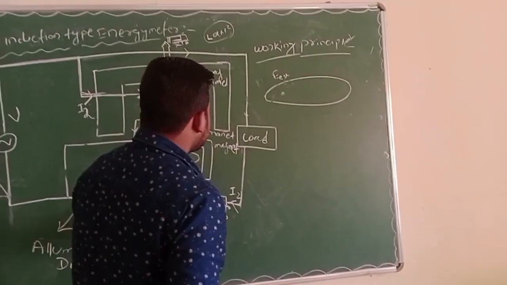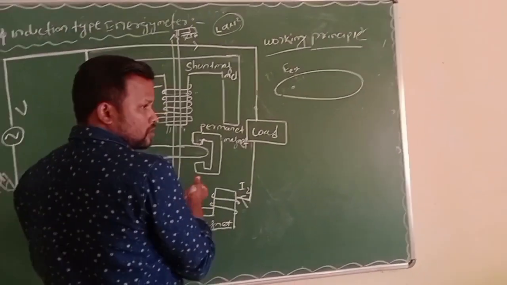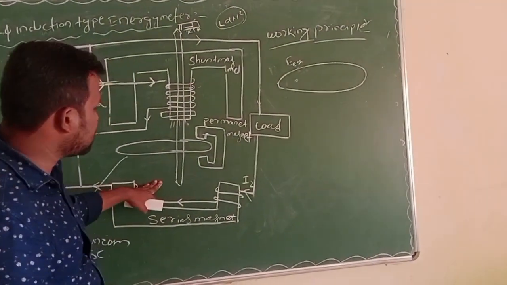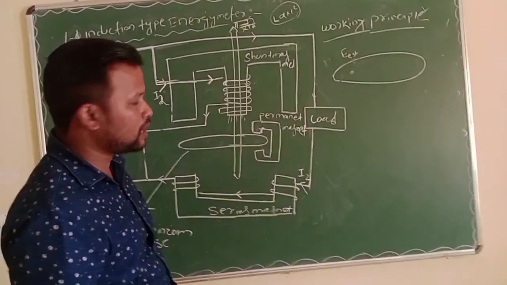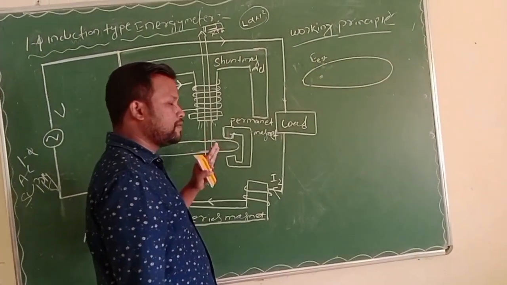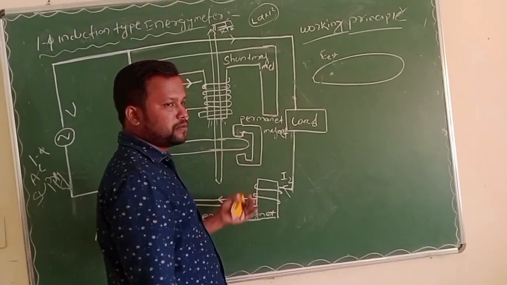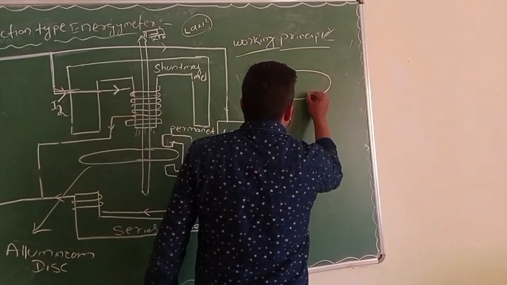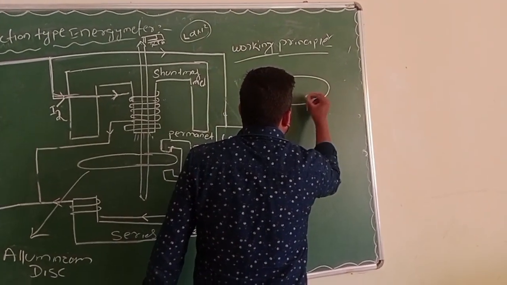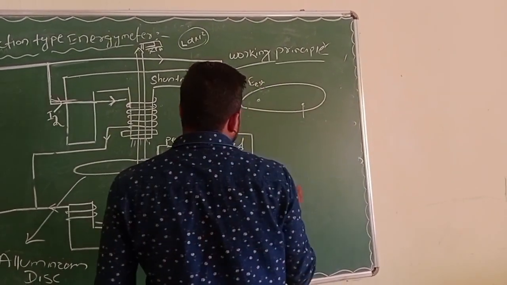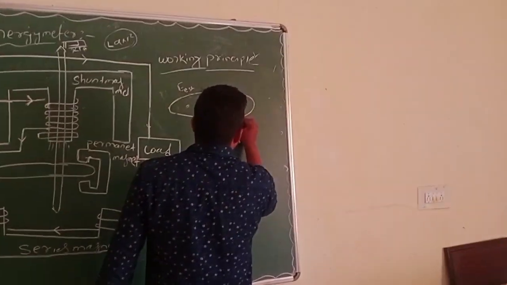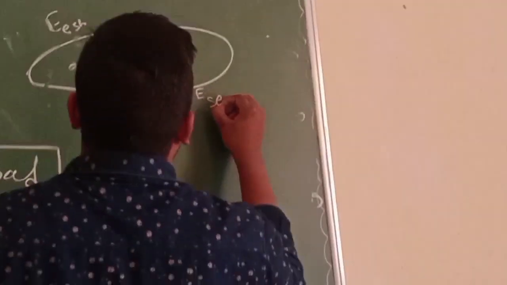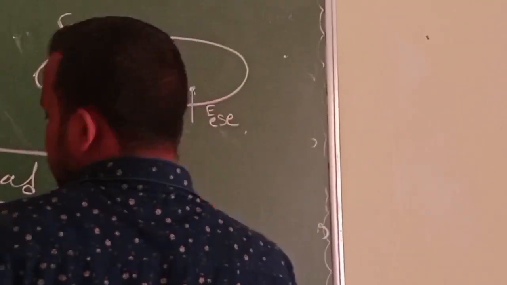The series magnet will also develop a flux, which is also of a time varying nature. If a time varying flux is linking to the coil, an EMF will be developed in the aluminum disc. This EMF is known as the series field eddy EMF.